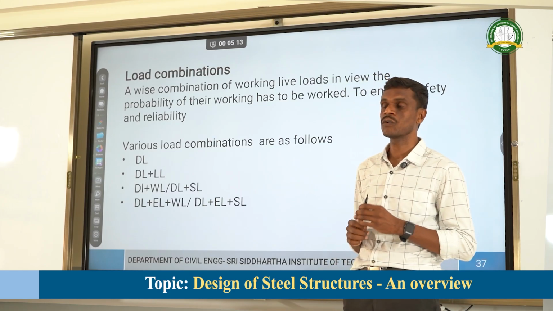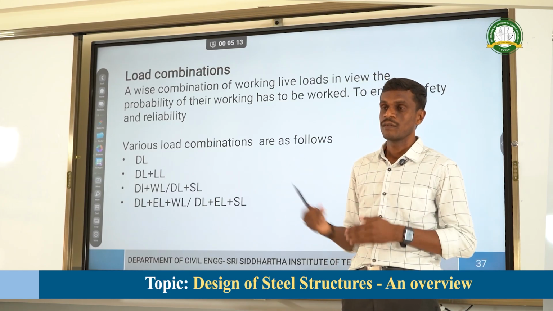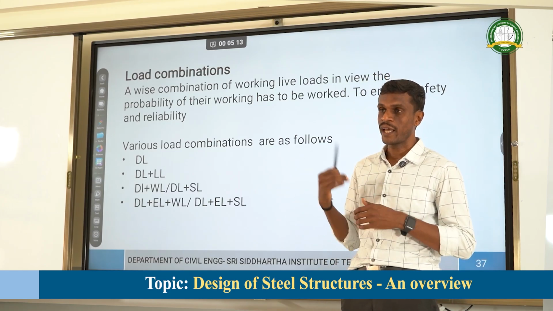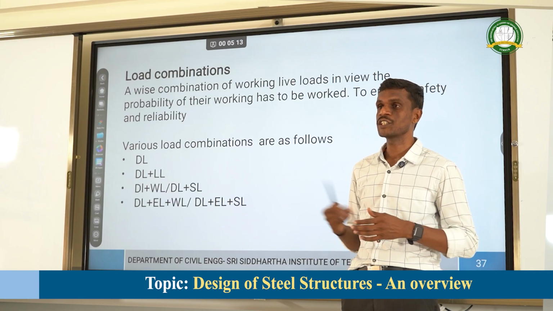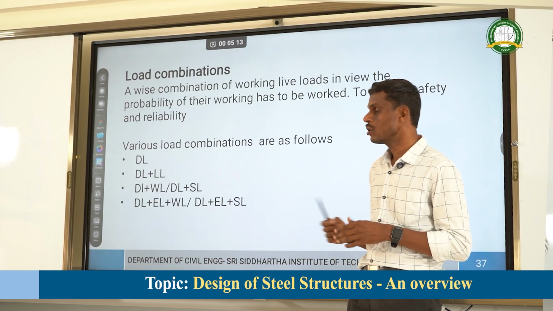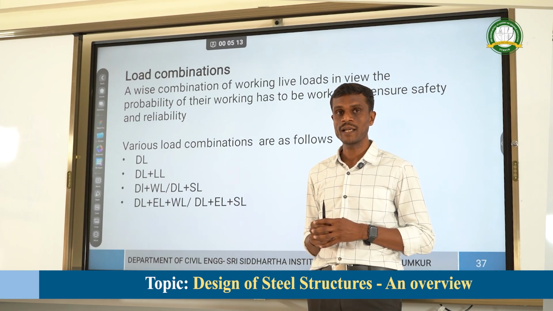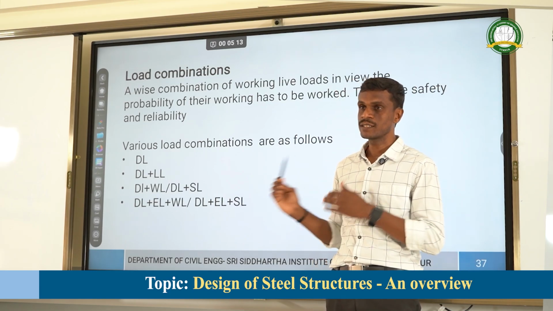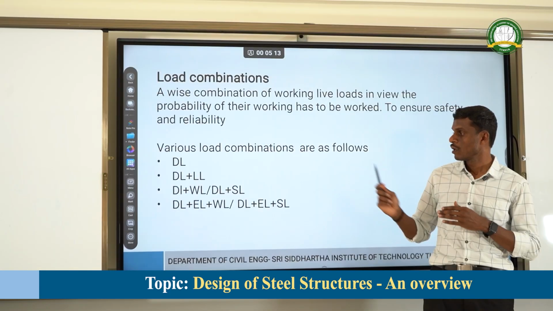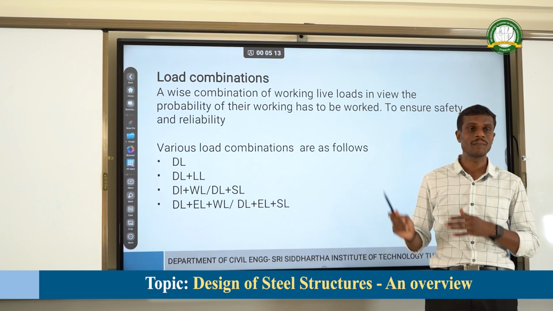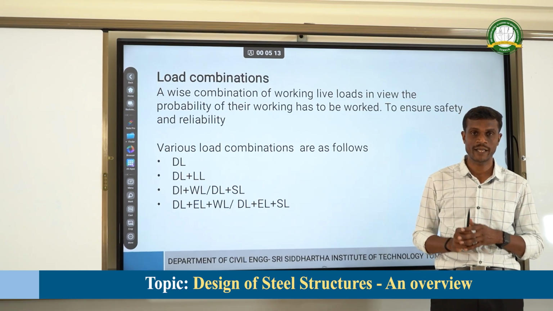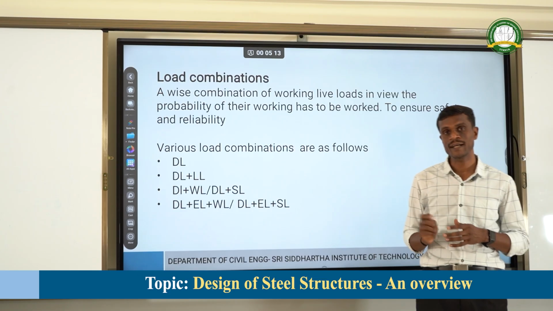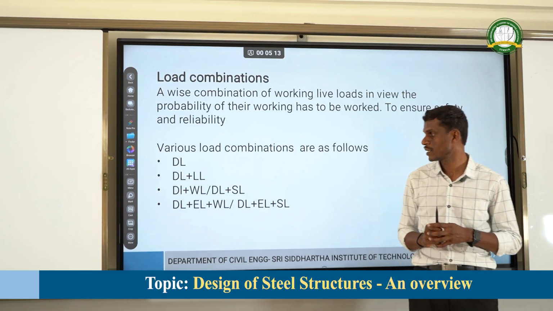Sometimes we have to calculate the wind load if it is a wind prone area. If it is a high rise structure, at that time wind load is to be calculated, or dead load plus seismic load has to be calculated. If it is a seismic prone area, dead load plus seismic load has to be calculated. Neither should we calculate dead load plus wind load plus seismic load at a time. So any one lateral load has to be considered in the design.